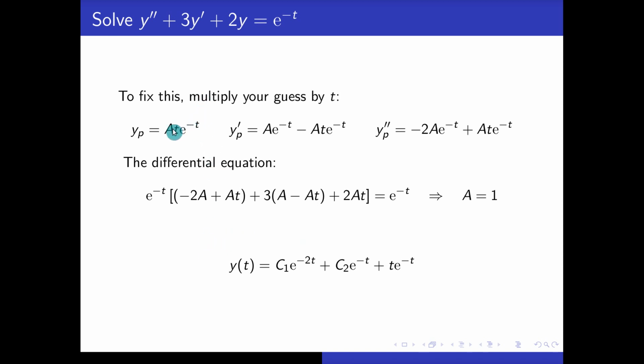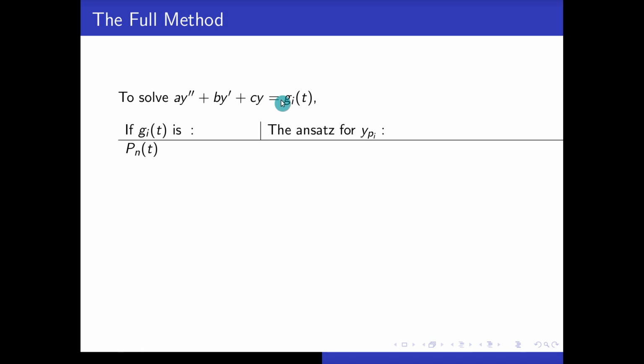The upshot here is that this is the special case. If you have a right-hand side that contains part of the homogeneous solution, so e to the minus t was part of the homogeneous solution right here, we had to multiply by t to get something that's not homogeneous. Okay, so let's look at the full method now. If my right-hand side, my g sub i of t, is a polynomial of degree n, then I guess a polynomial of degree n, but then I multiply by t or t squared, depending on whether or not the polynomial is part of the homogeneous part of the solution.